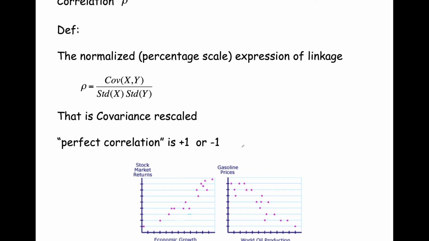And correlation is the normalized, or percentage scale, expression of the linkage between two random variables. Correlation is written as the Greek letter rho, lowercase rho, and that's nothing more than the covariance between x and y divided by the standard deviation of x and the standard deviation of y. So in essence, we take this coupling, that's the covariance, and we divide by the deviation for each one of those variables separately.